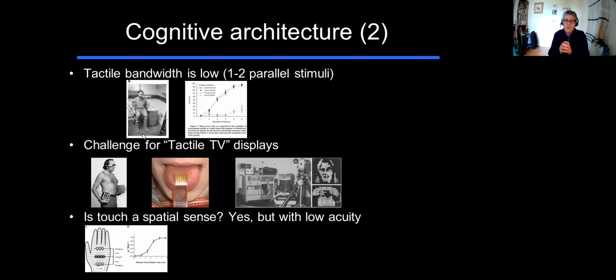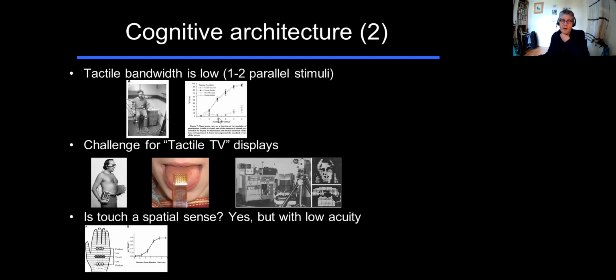They stimulated you with many vibrations at a time, and they asked you how many touches can you feel. So it could be 1 or 2 or 3 or 4 or 5 or 6. And here is the number of stimuli that happen in parallel simultaneously. So this is the number of buzzers that you get. And this is the number of errors that you make, okay?